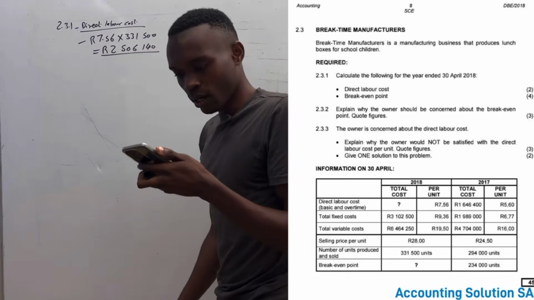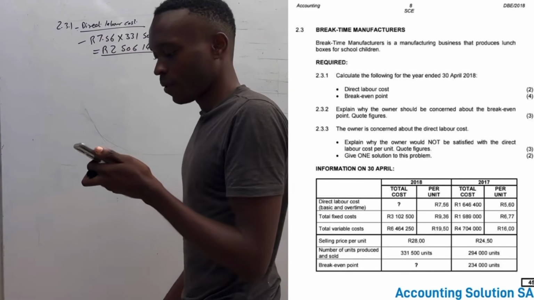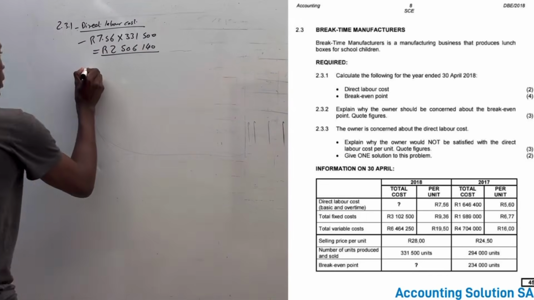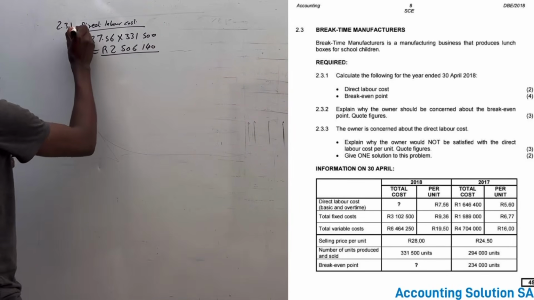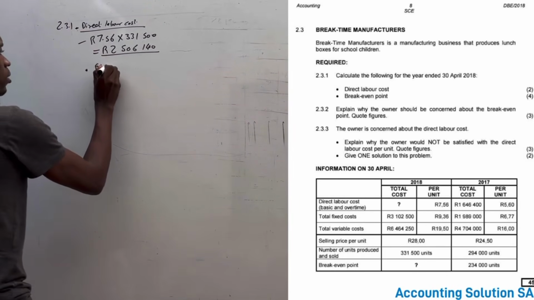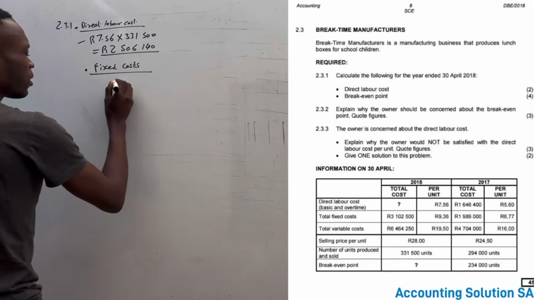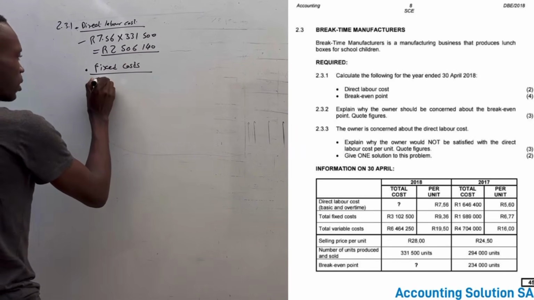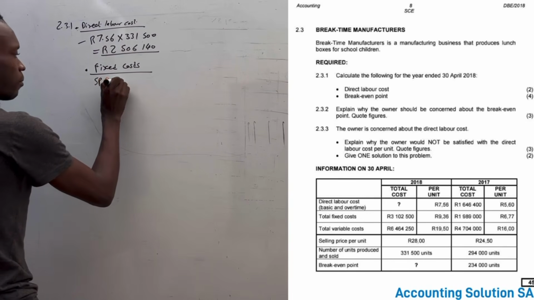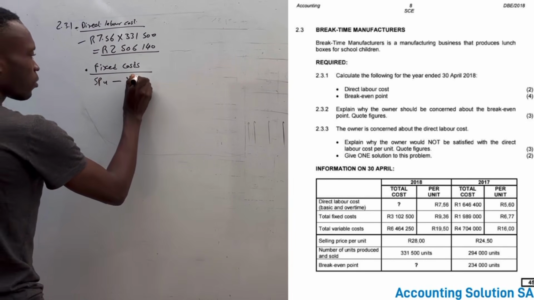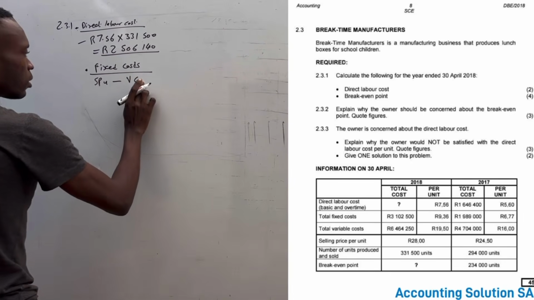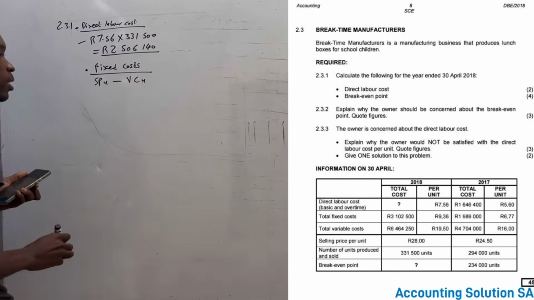Then the following one, calculate the break-even point. Break-even point, guys, know the formula, which says fixed cost divided by selling price per unit minus variable cost per unit. That's the formula that you need to apply.